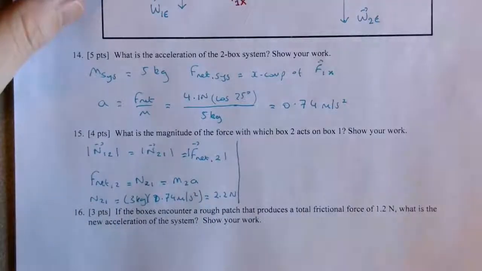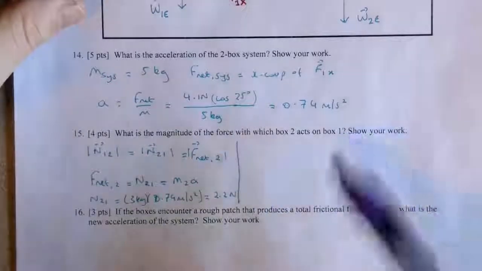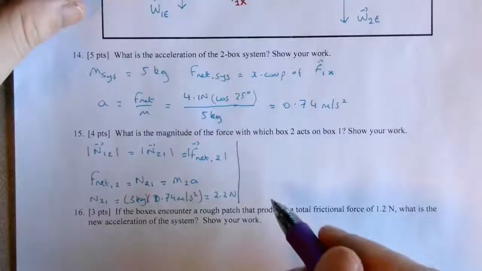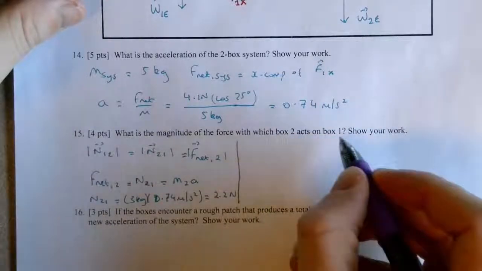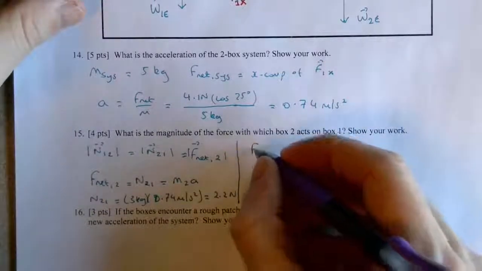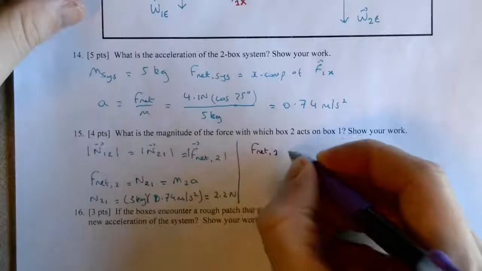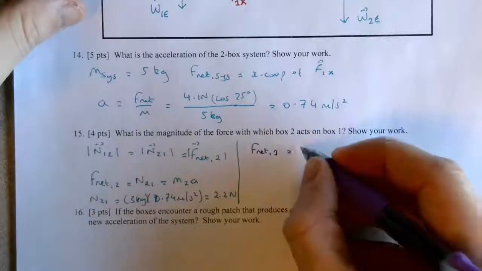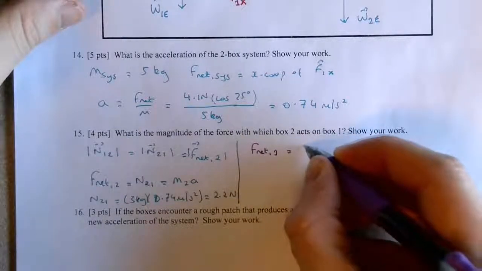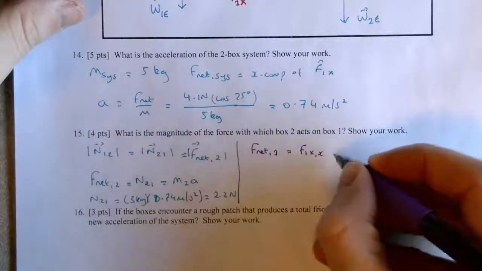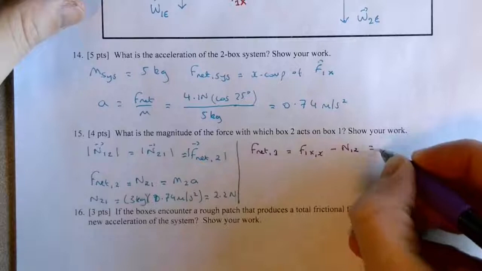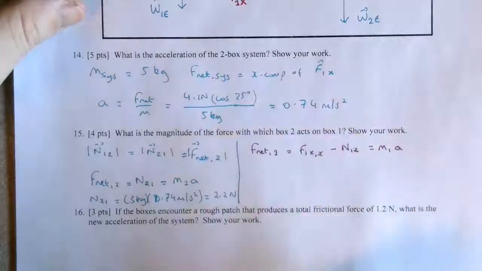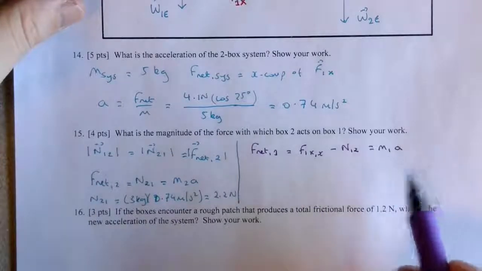You could also focus on box 1. If you think about the forces that are on box 1 in the x direction, F net 1 would be equal to the F1x in the x direction minus the N12, and that would be equal to M1 times A, and A of the whole system, A of 1 equals A of 2 equals A of the system.